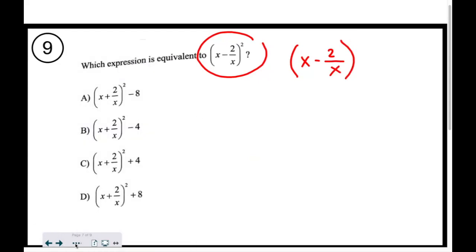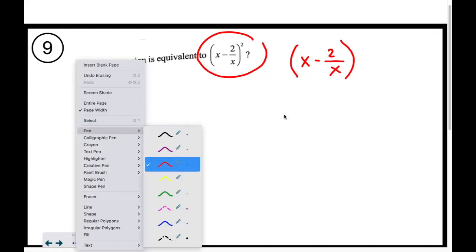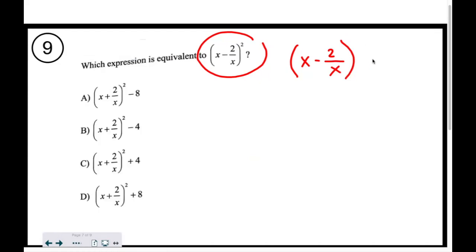If it's squared, then I want to multiply it by itself. And then you're just going to look at it as like FOIL. So you do x times x is x squared, and then x times negative 2 over x. Well, if you think about what that is, the x's cancel, and you're just left with negative 2.